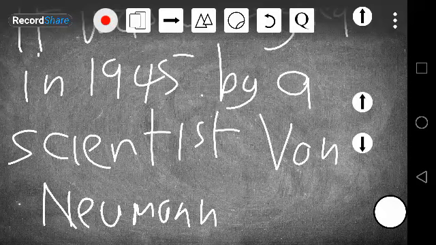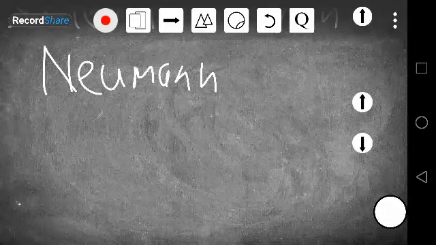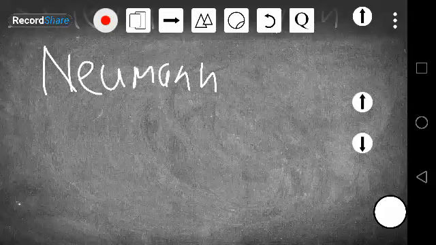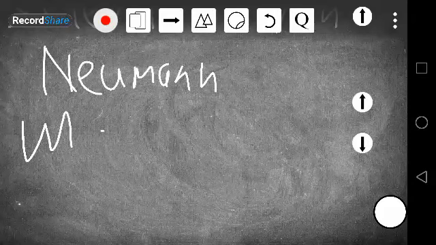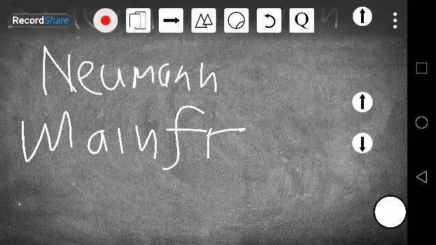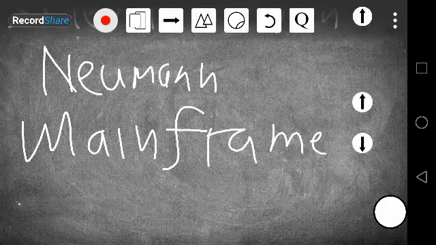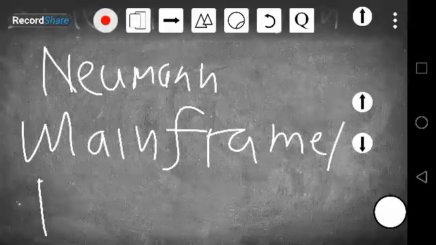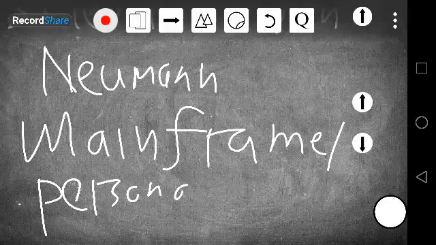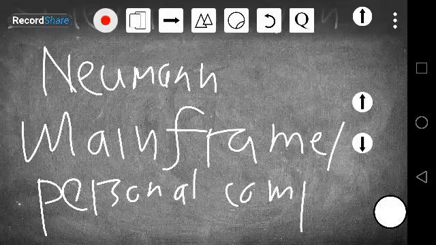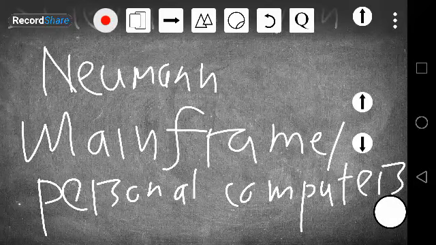That's why it's called von Neumann architecture. And if you look at it, you realize that most of the computers today run on von Neumann architecture, especially mainframe computers or personal computers. They run on this architecture.